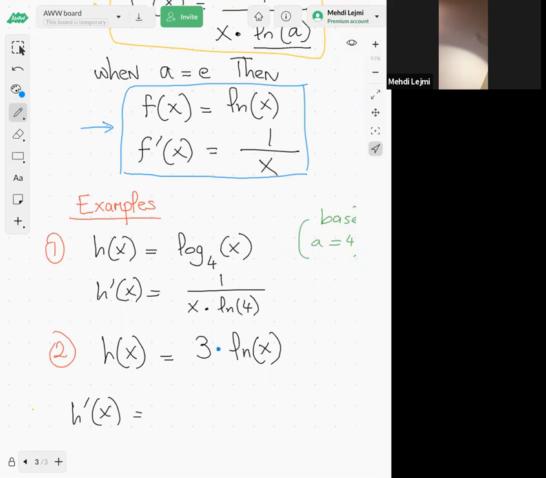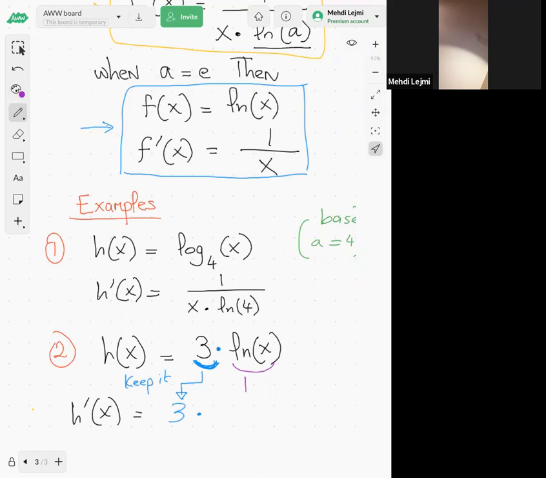But as I said, if you have a product and one of the functions is a constant, which here is the first function, then when you compute the derivative you don't have to apply the product rule. All you have to do is keep the constant. The constant is 3, so I keep the 3 times the derivative of the natural log of x.